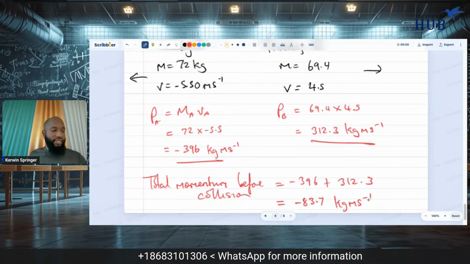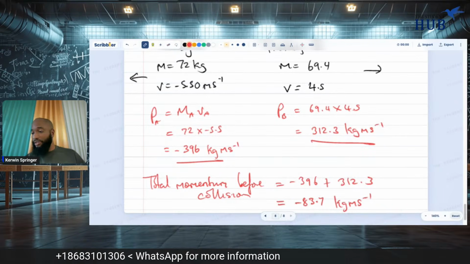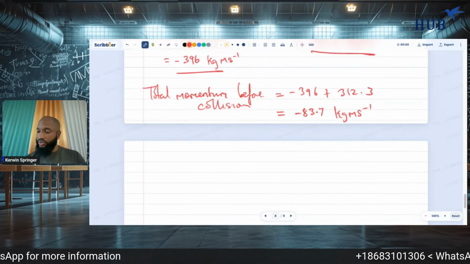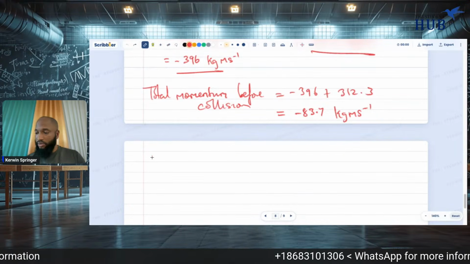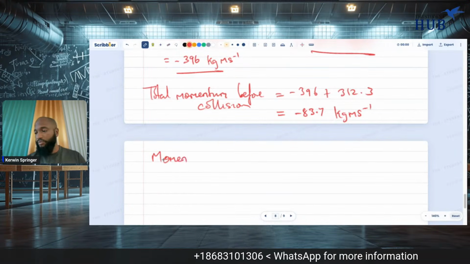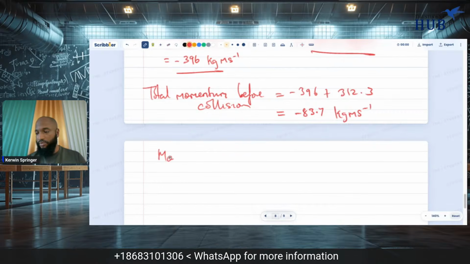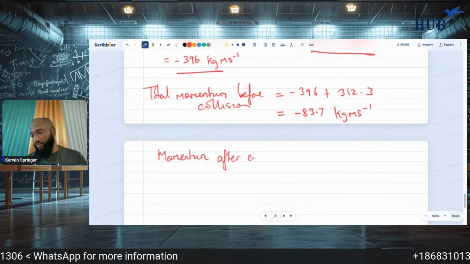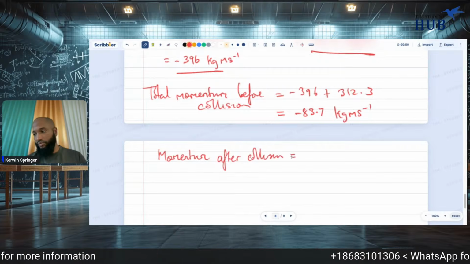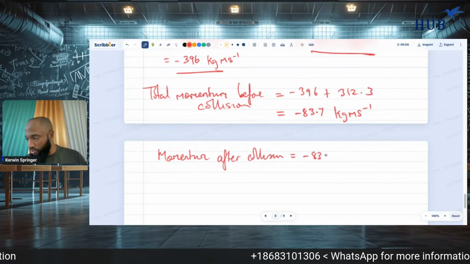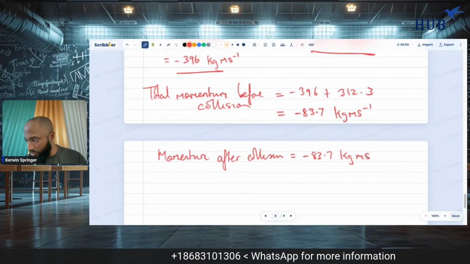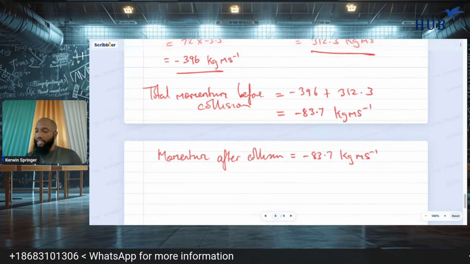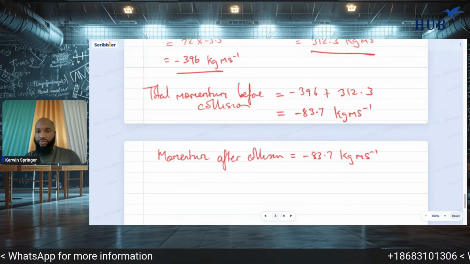And therefore, this has to be the same momentum after collision. So the momentum after collision is also negative 83.7 kilogram meters per second. Yes? And then what does this mean for us?